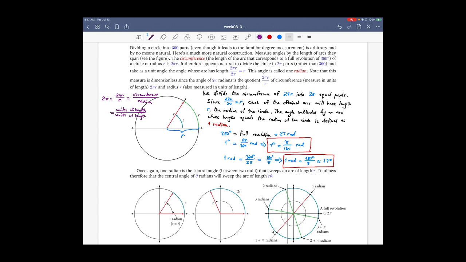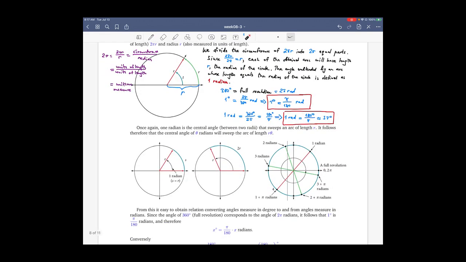When you divide inches by inches, you get a unitless measure. That is why if you write that some angle measures 90 without writing 90 degrees, that actually means by default, since you're not explicitly given units, 90 means 90 radians. And that's definitely not the same as 90 degrees. 90 radians and 90 degrees are different angles.